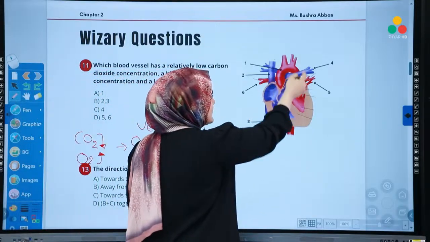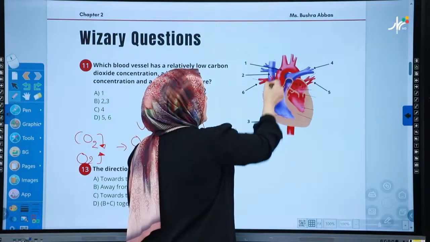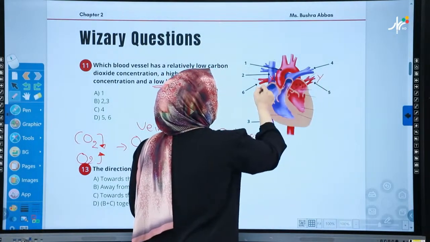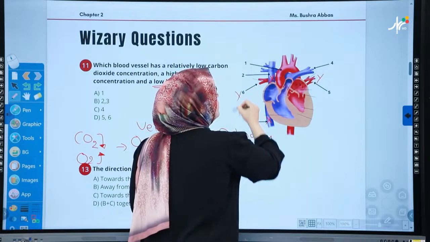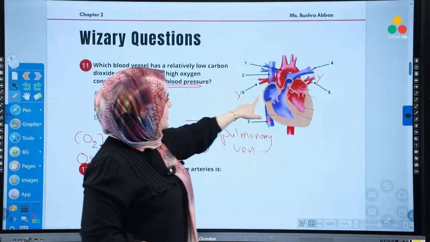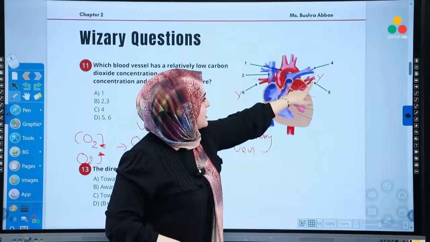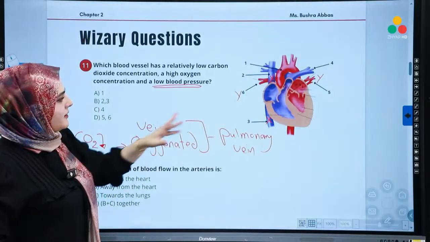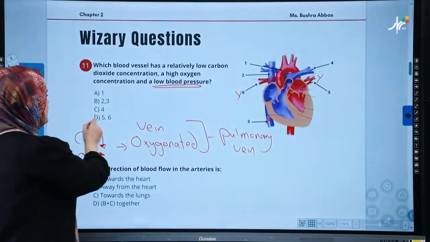So I'm going to think that it's one of these. Let's say this is Y, okay? Even 6 is Y because we have 4 pulmonary veins. According to what we said, they are attached here. These are pulmonary veins and they are numbers 5 and 6.